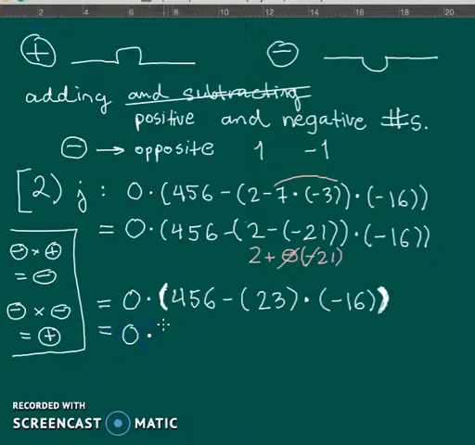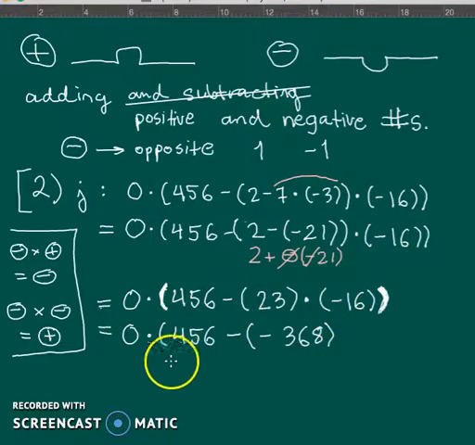So 0 times 456 minus, and let's find out what that comes to. Negative 23 times negative 16 is going to be a positive number, and that is going to be 368. Okay, so we're getting very close.